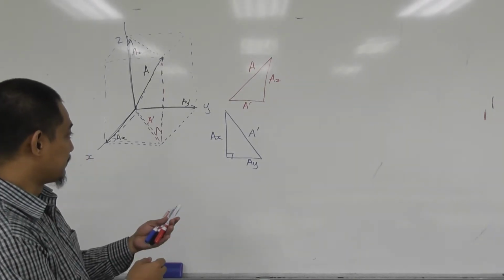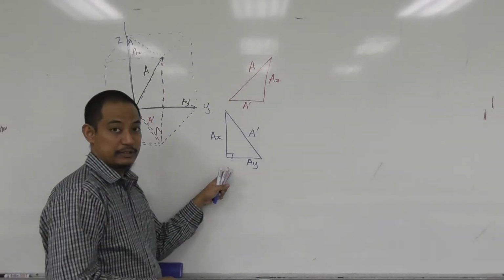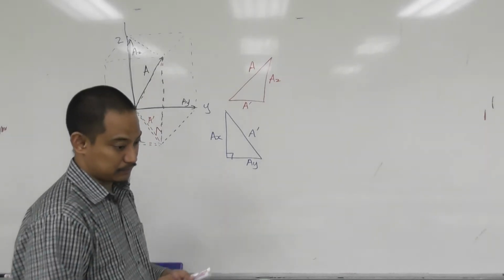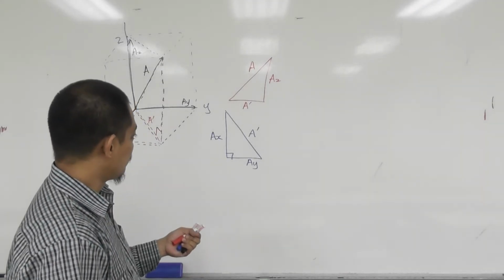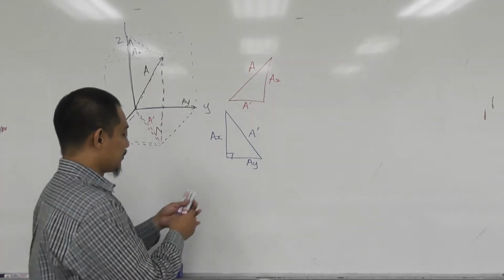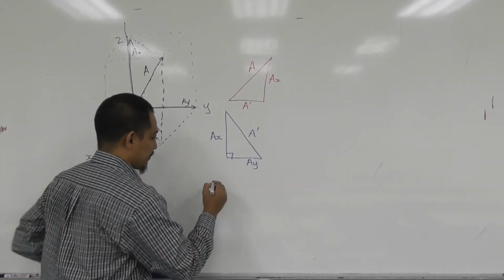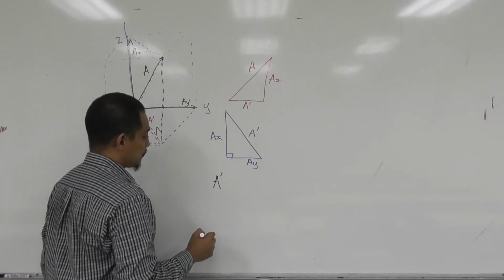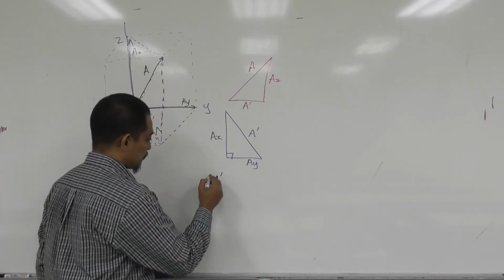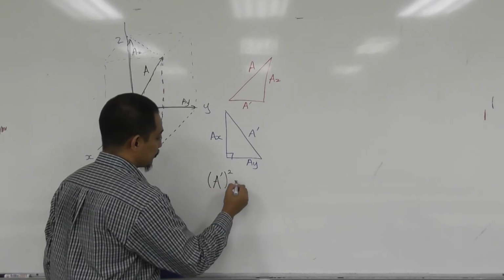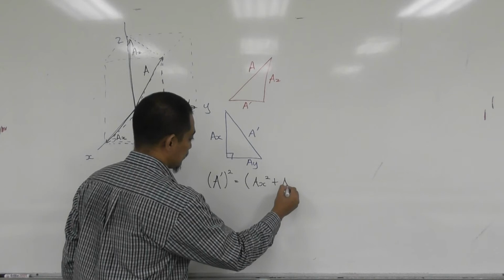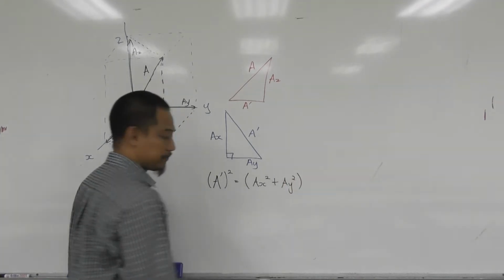right? For example, if you go here, right? What is the relationship? Which one do you go for? Okay, let's go here. The relationship here is A prime squared equal to AX squared plus AY squared, right?